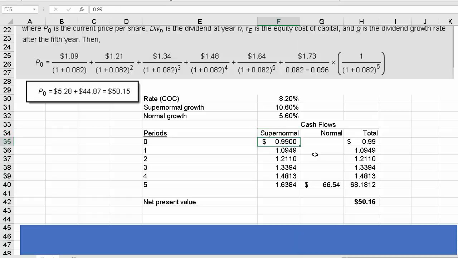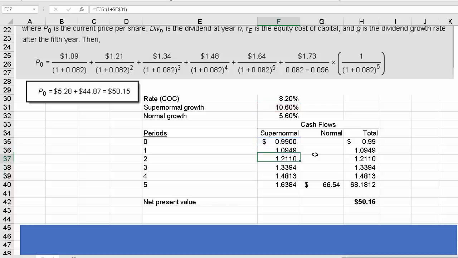So if we were to calculate the supernormal periods, we know that period now, which means the last dividend received, was 99 cents. Now we're not going to use this in our formula. We're always discounting the future cash flows. So if we were to calculate next year's cash flow, you take the 99 cents given in value F35 and you multiply it times 1 plus the supernormal growth.